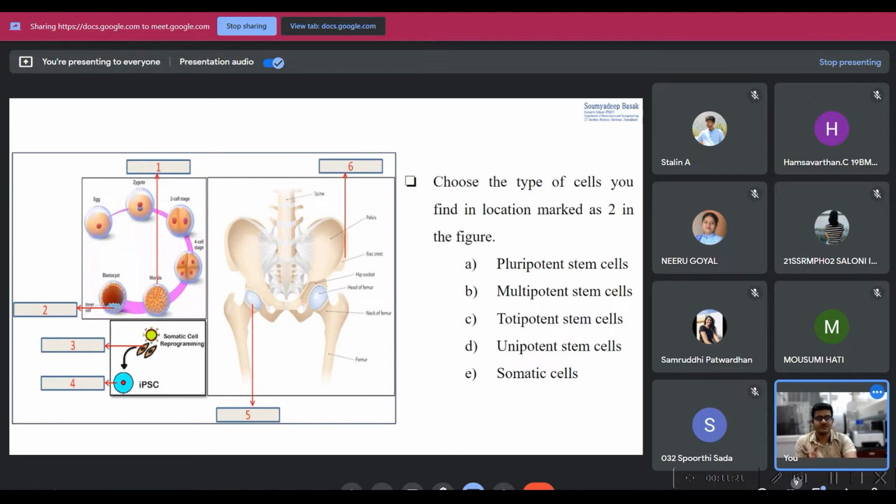Choose the type of cells you find in the location marked as 2 in the figure. It would be pluripotent stem cells, right? Here, see, when the primary cells go from the 4 cell stage to the morula stage, cells almost have the potential of all types of cells.